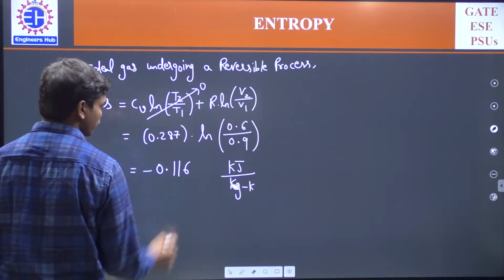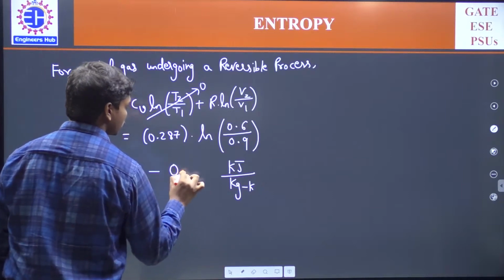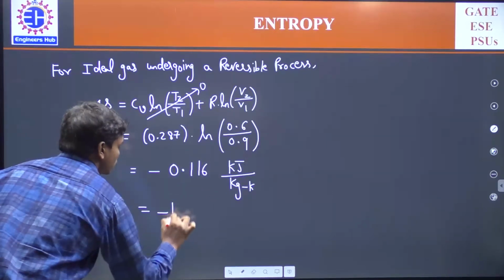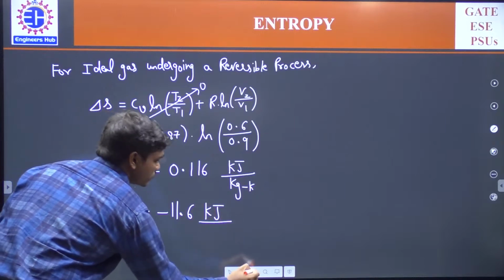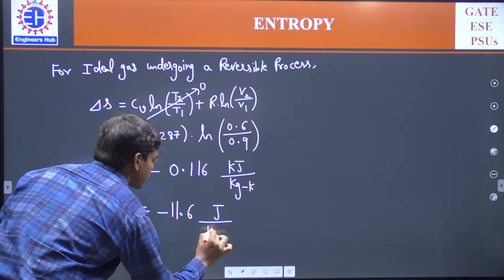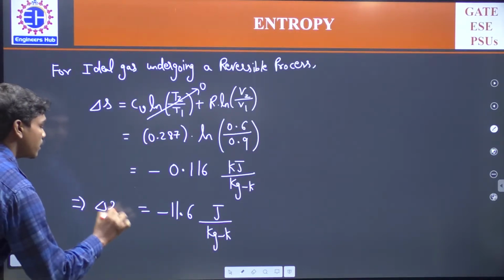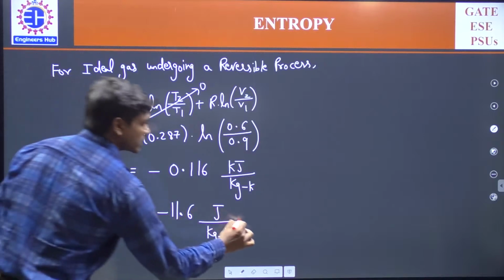So, minus 0.116 is what we have. If you write this in joules, it is 11.6 kilojoules per, joules per kg Kelvin. This is the total entropy change between states for the process 1 to 2, which is S2 minus S1 basically.